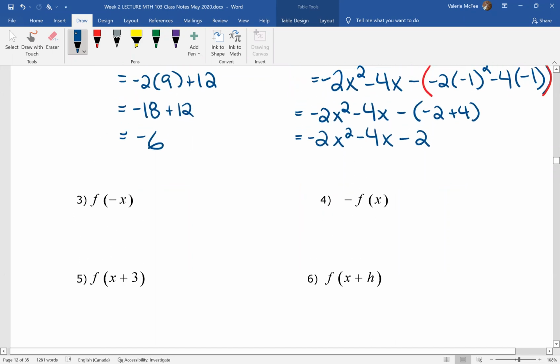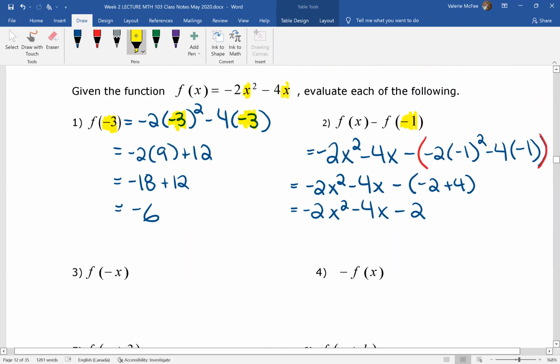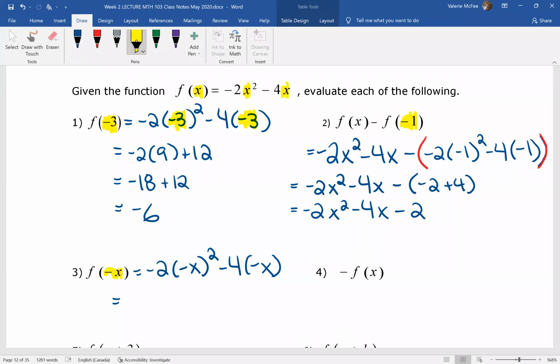So all we're doing is changing x to -x. So each of these became -x. -x all squared is positive. So we have -2x squared again, but plus 4x.